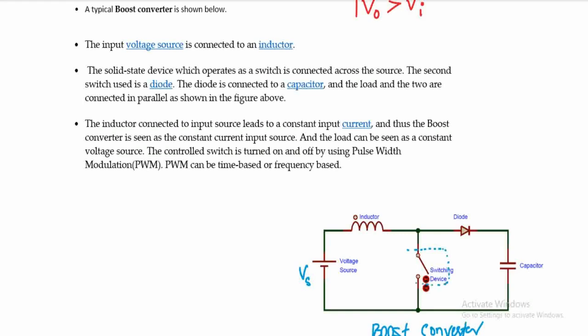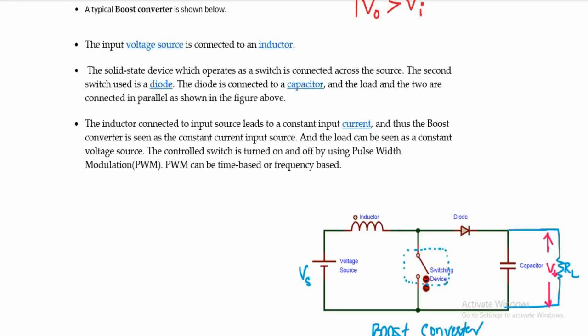We keep the switch in between the inductor and diode, parallel to the output supply. This is your output terminal. You can connect any load. Let us connect a resistor load RL, so the voltage across this resistor will be our output voltage V0.